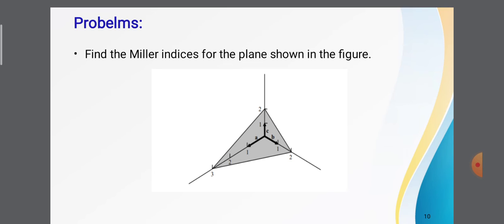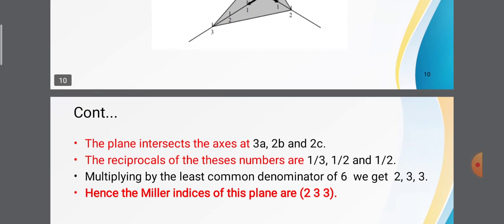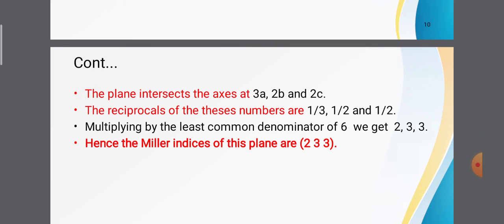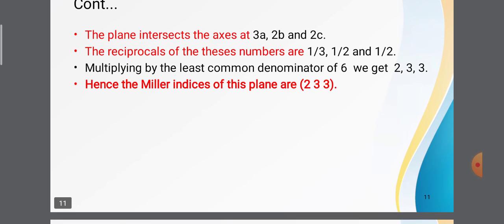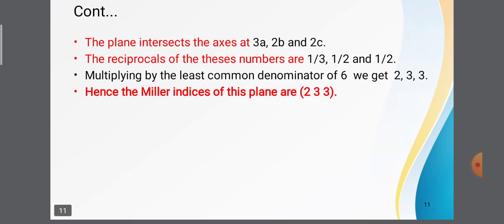Here the intercept on the x-axis is 3a, the y-axis is 2b, and the z-axis is 2c. Taking the reciprocals of these numbers, we get 1/3, 1/2 and 1/2. Using the least common divisor, 6, we get 2, 3, 3. Hence, the Miller indices of this plane are 2, 3, 3.